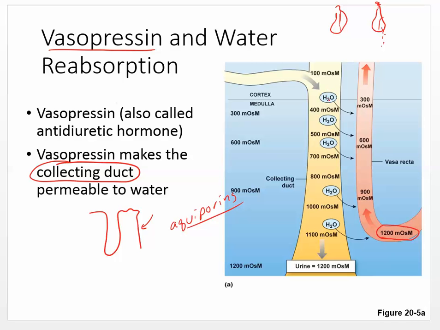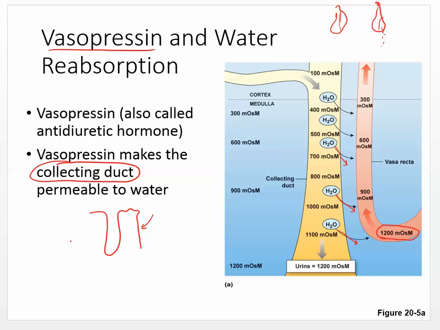Well, of course, water is going to leave as it gets more concentrated down here. So it sees this concentration of 1,000 and it's only 800 here. So yeah, it's going to leave and go to that higher concentrated area because that's what water does. That's osmosis. Okay, so all you have to do is give it a channel to move through. And that's what vasopressin does.